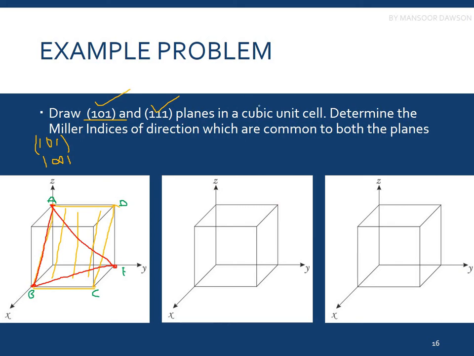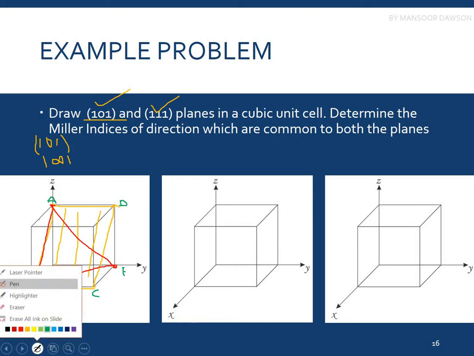Now the question says determine the Miller index of the direction which is common to both the planes. So the common direction is this one. As you can see, the red line and the yellow line are on top of each other.